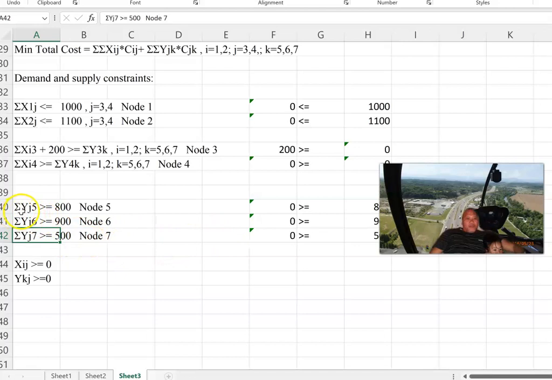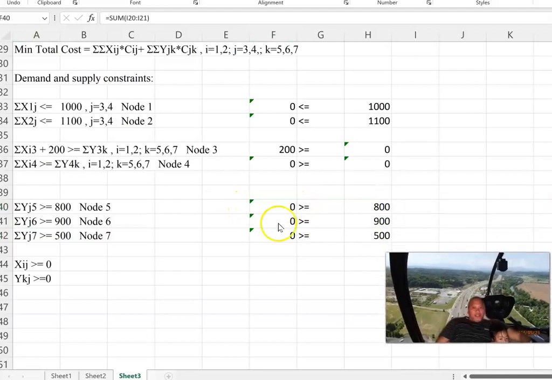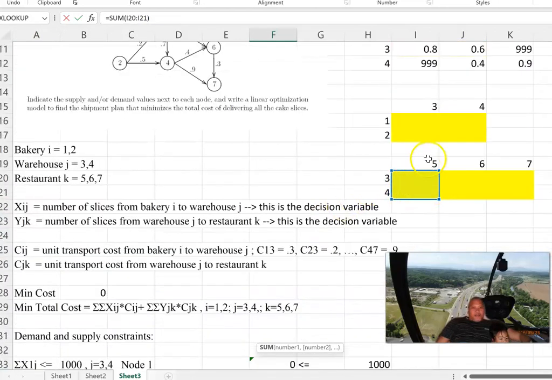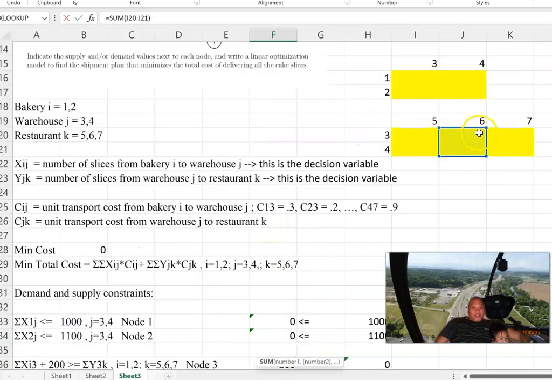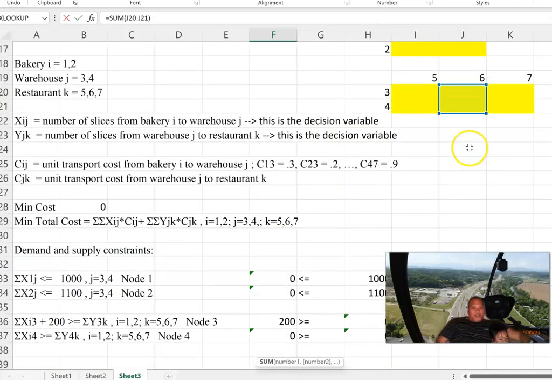So this means that what comes into 5 must be greater than or equal to 800, what comes into 6 must be greater than or equal to 900, and what comes into 7 must be greater than or equal to 500. This is the sum of those that go into 5, and if you highlight this, this is the sum that goes down into 6.